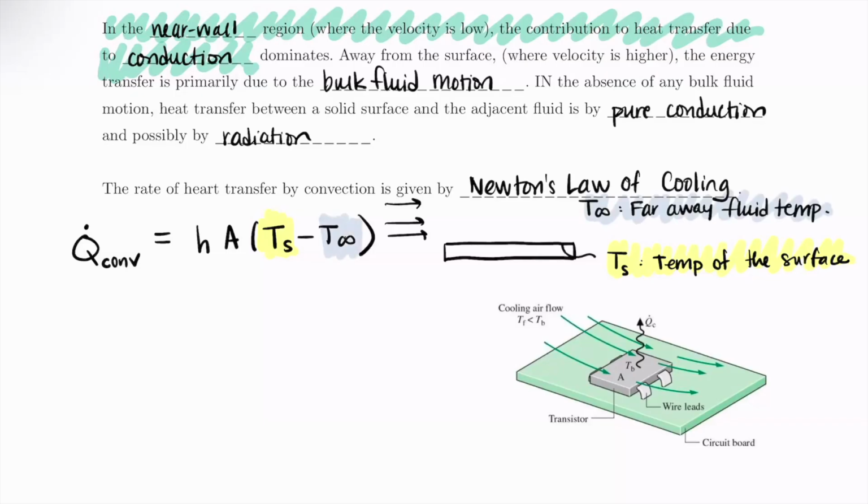And then I'm going to draw this kind of in 3D so I can show you what the area I'm referring to is. So the area is going to be the contact area between the solid surface and the fluid. So that is this frontal area here.